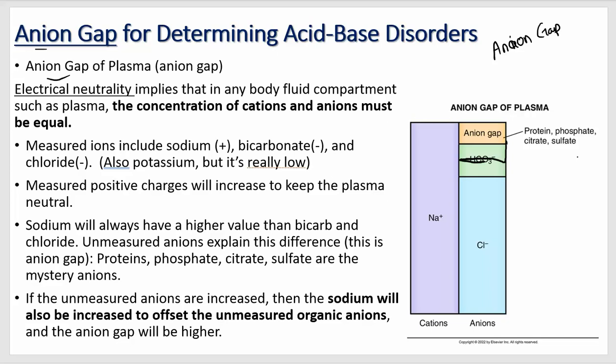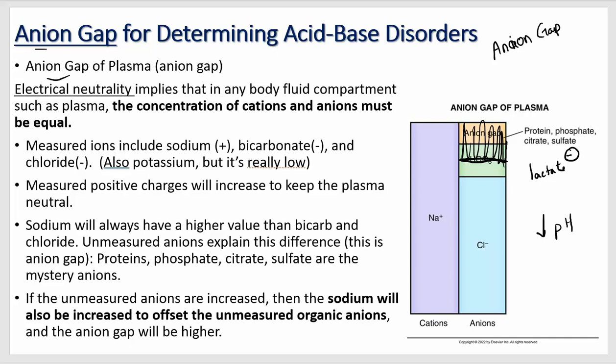So if someone is in shock and their lactate is at high concentrations, negatively charged, their pH is low, and they have a large anion gap, then that may indicate lactic acidosis.